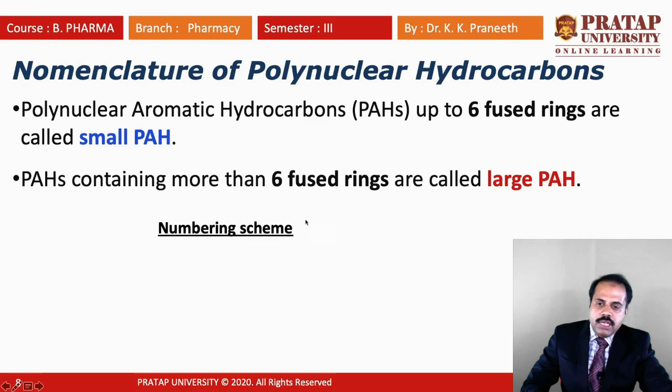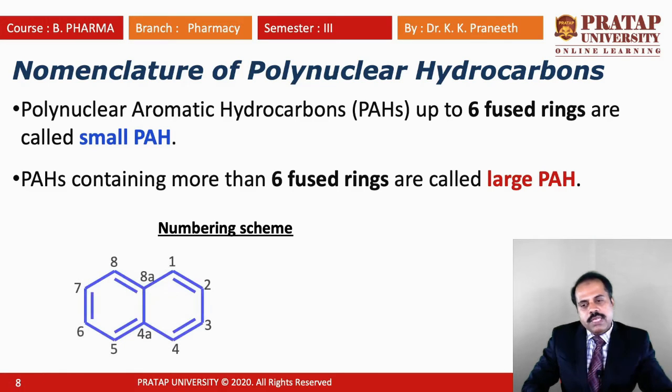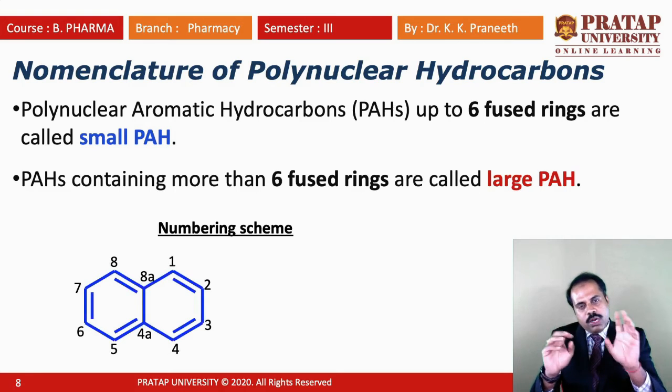Now let us see how to number the rings. In benzene we can number easily because it has only one aromatic ring.